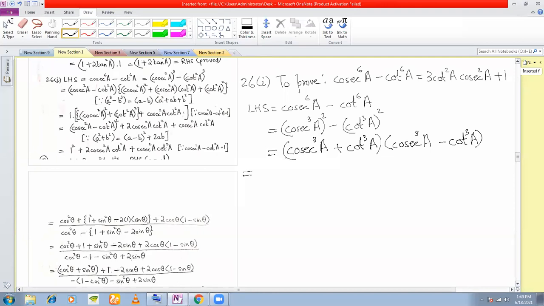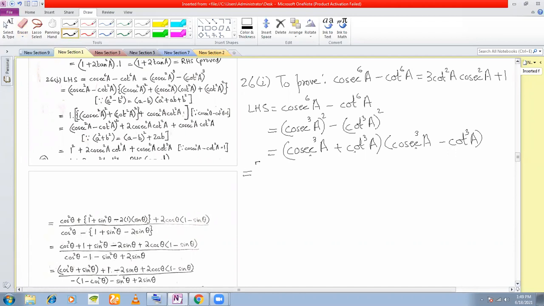So now what will happen? This is your a cube plus b cube form, and this is a cube minus b cube form, right? And you know the a cube plus b cube formula from your class 9 factorization. You break it up that way.